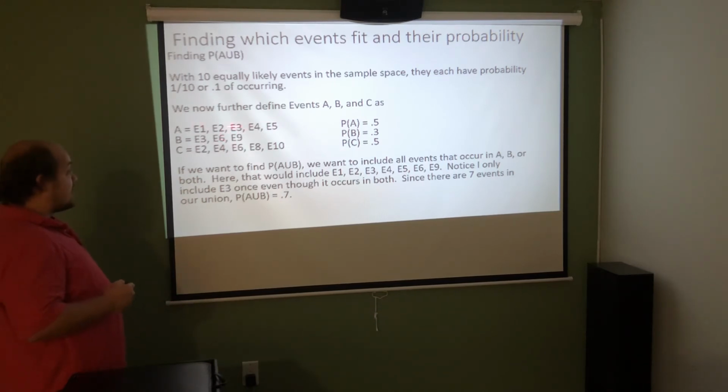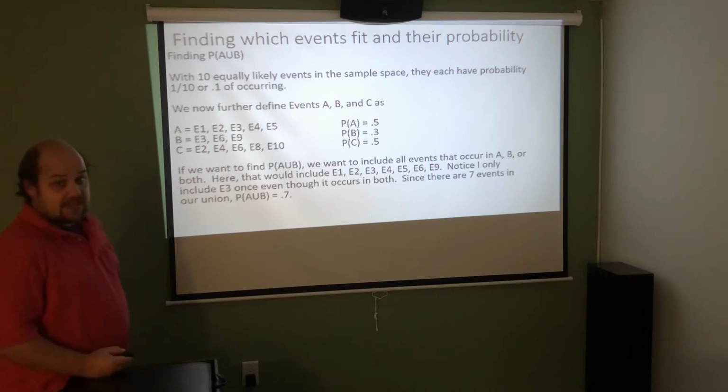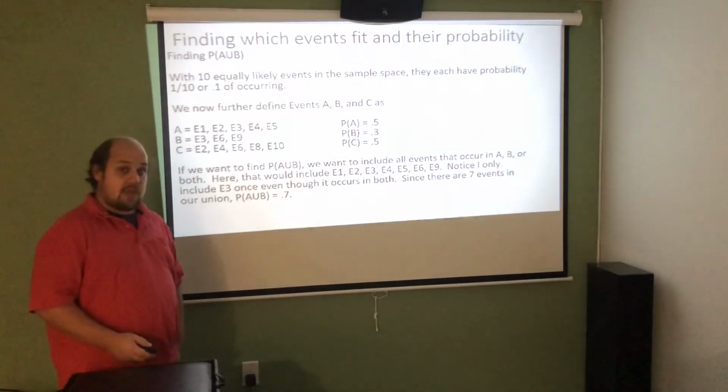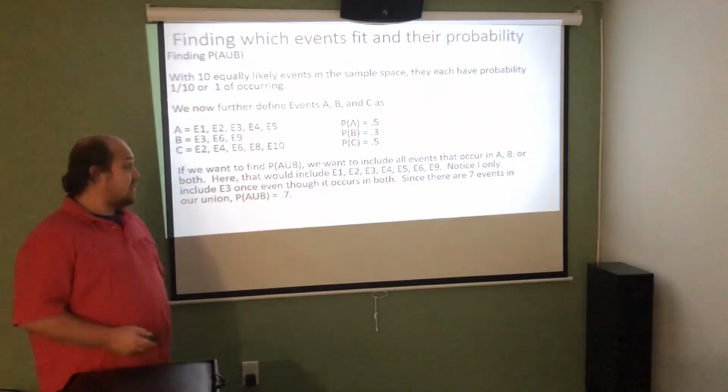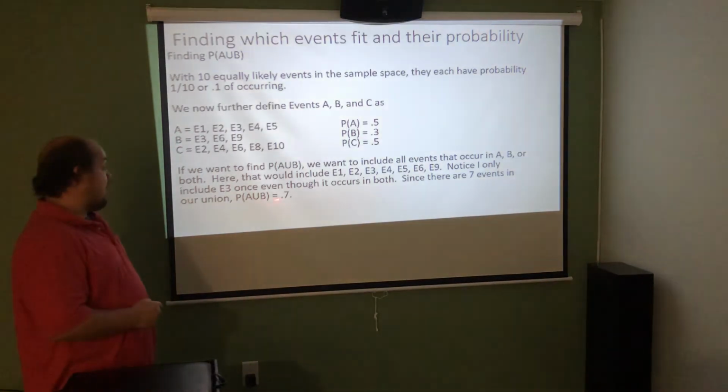Event 6 wasn't listed in A, so I'm going to list it in the OR statement or the union. Event 9 also wasn't listed, so I'm going to list it here. That means I have 1, 2, 3, 4, 5, 6, 7 total events that fit A or B. 7 of the 10 gives me 7 divided by 10, or 0.7 as the probability of the union.